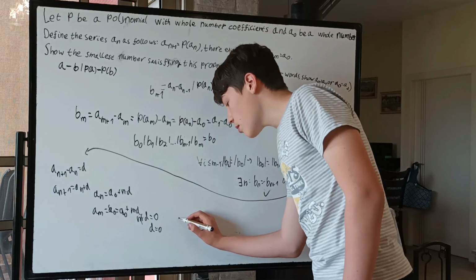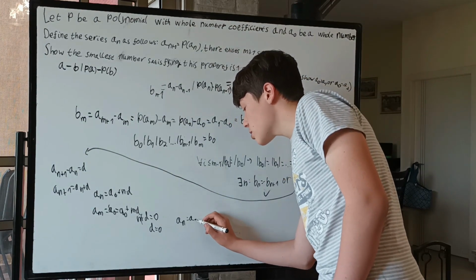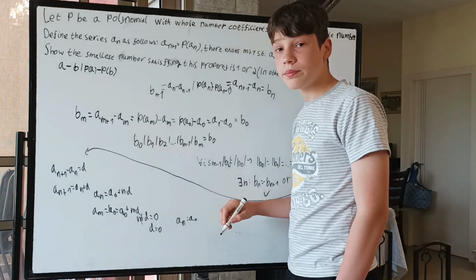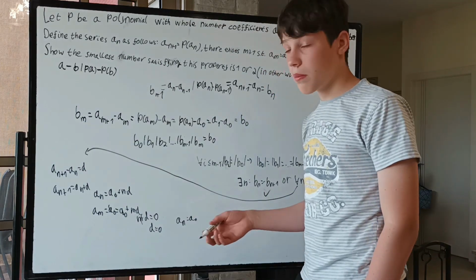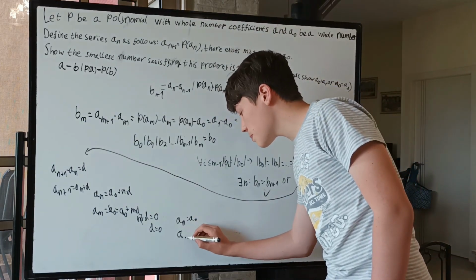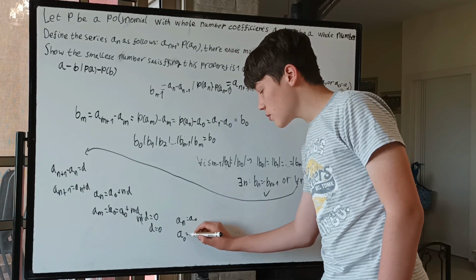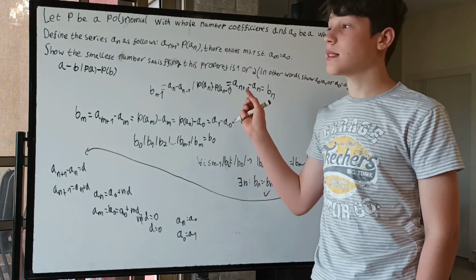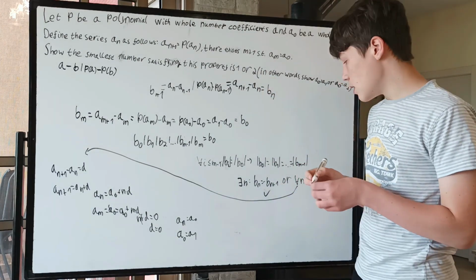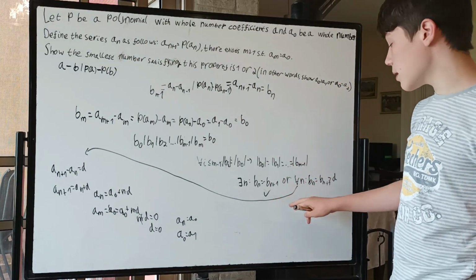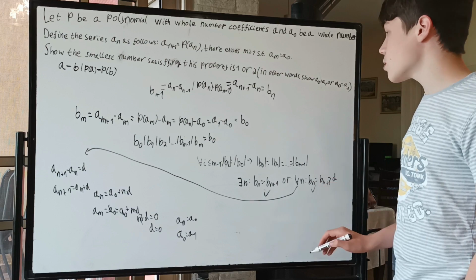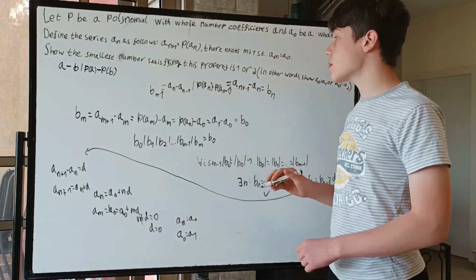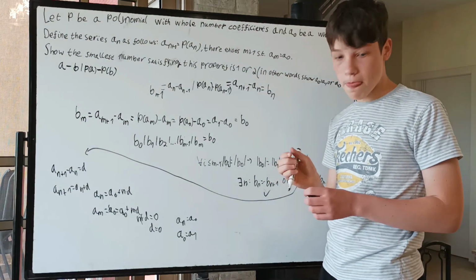But if d is equal to 0, an is just always equal to a0. But then specifically a0 is equal to a1, and the smallest number satisfying this property has to be 1. So in this case we got 1 or 2, in this case we got 1. So in general, the smallest number satisfying this is 1 or 2.